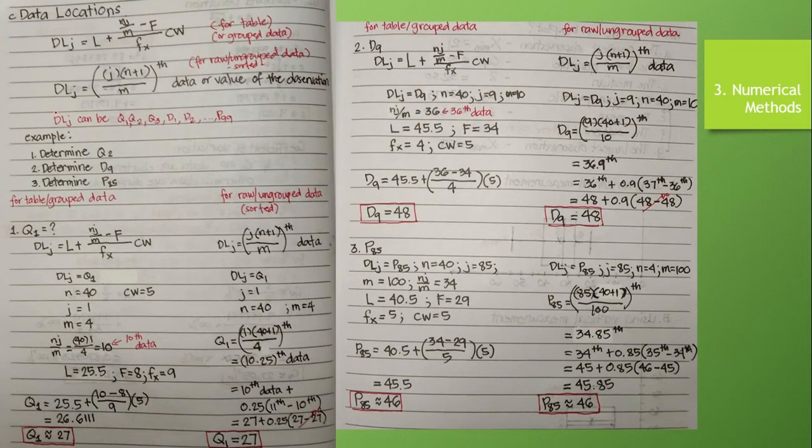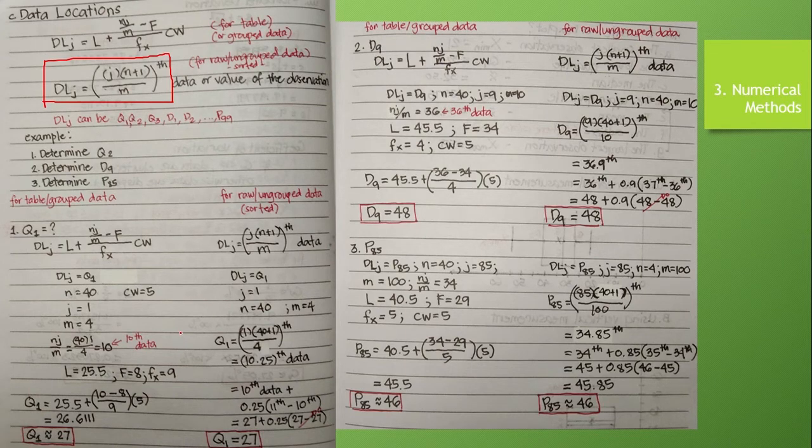By the way, it was not presented: for ungrouped data, we can use this equation or formula. You have J times (N plus 1) over M. So that will then be the nth data or observation. So this is the calculation.